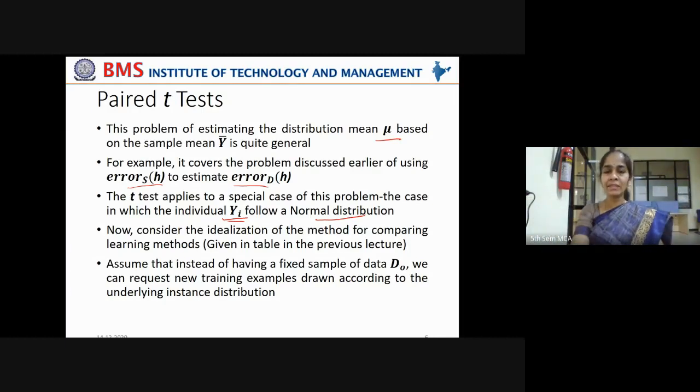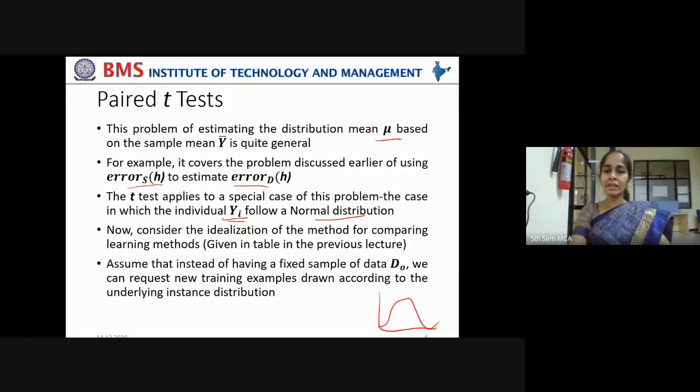In that case, when each individual yi is following a normal distribution, then automatically the entire set of values will follow a normal distribution, right? When each of the students is following the rules, then we say that the whole class is following the rules. In the same way, when each of the data points in the set of random variables is following a normal distribution, the entire sample also will follow a normal distribution. That is the bell curve, right?